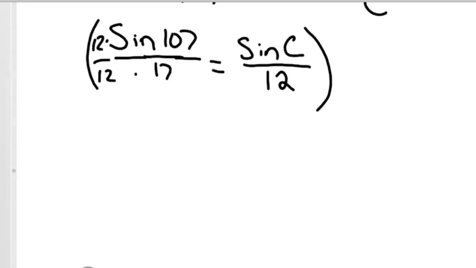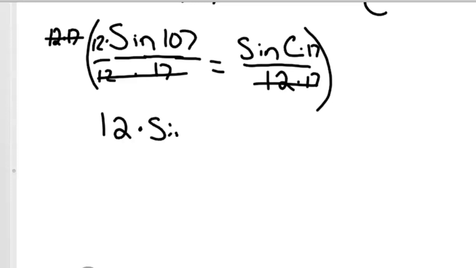This side needs a 17, so we're going to multiply by 17 over 17. And then, again, you could multiply the whole thing by 12 times 17, and these cross out, because they would simplify. So you're left with 12 times sine of 107 equals 17 times sine of C.